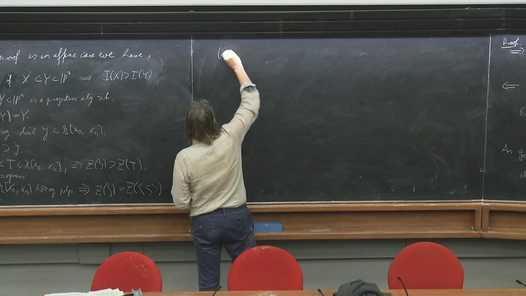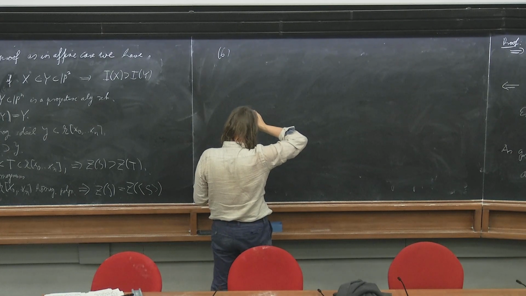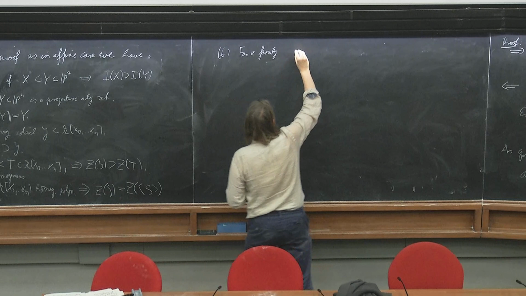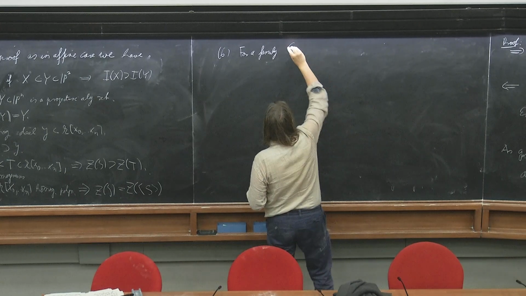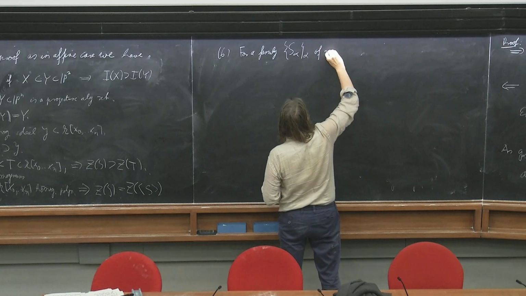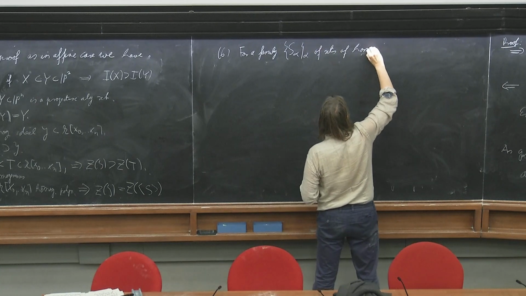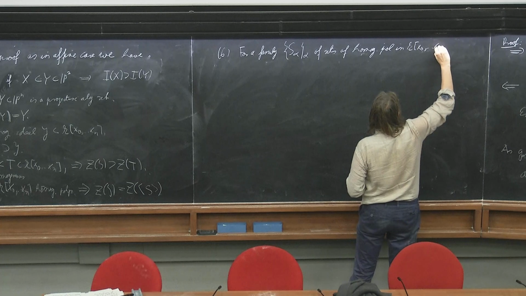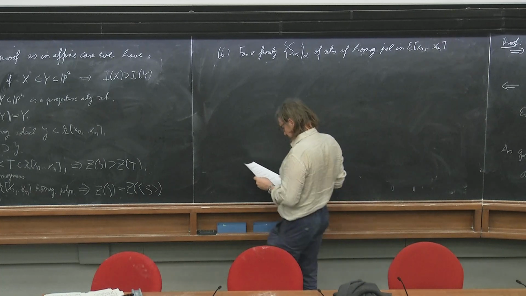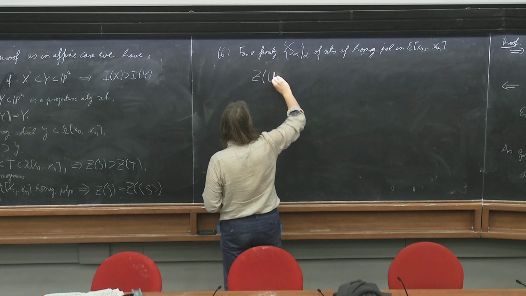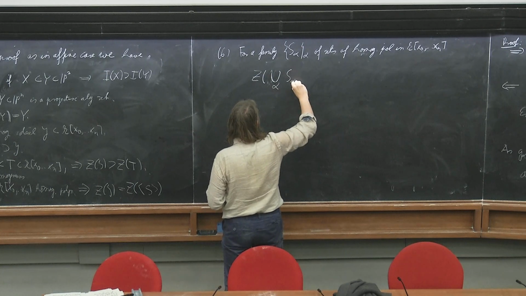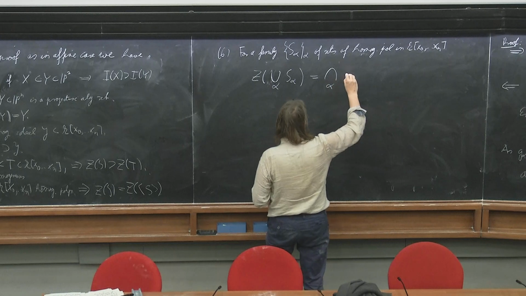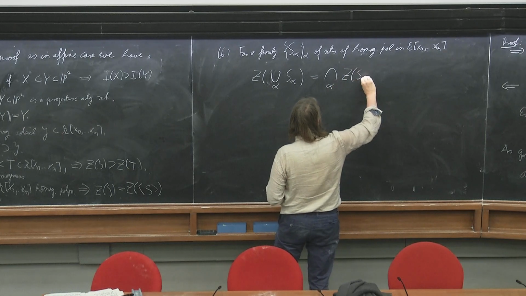If I have a family S alpha of sets of homogeneous polynomials in K[x0,...,xn], we have that the zero set of the union over all alpha of S alpha is the same as the intersection over all alpha of the zero set of S alpha.